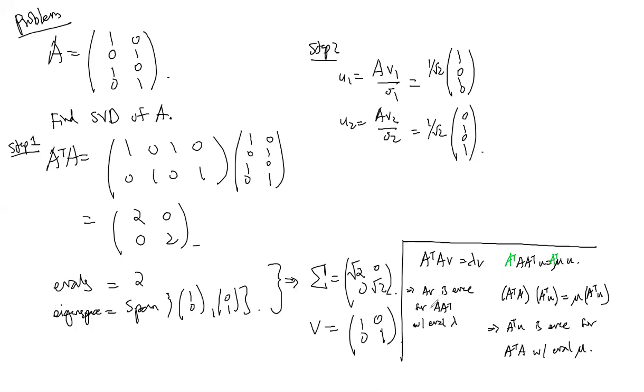I suppose this kind of maps eigenvectors of A transpose A to AA transpose, so you get a map.